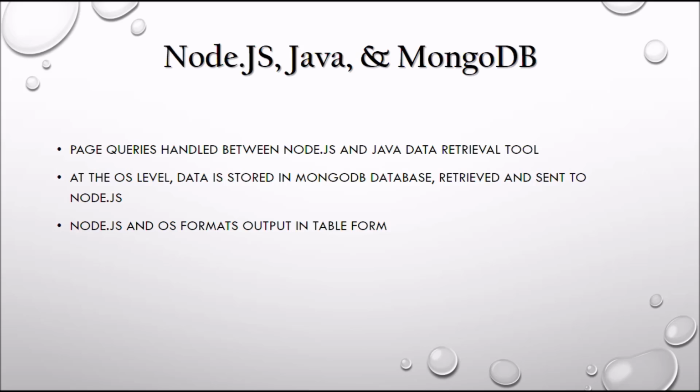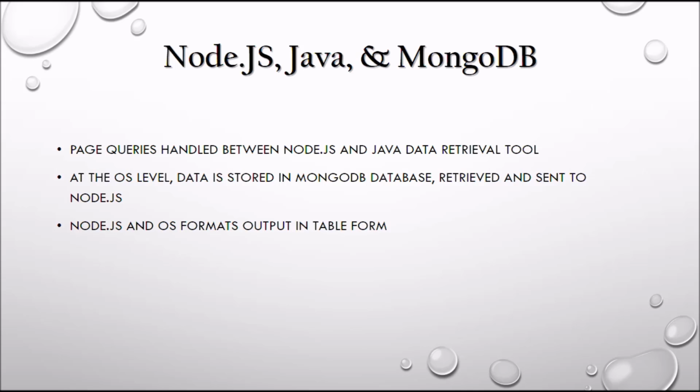From there, we can manipulate it. In this case, we simply extract it and return it via the OS as a variable to Node.js, which then takes this output and formats it in a way that's presentable to the website.